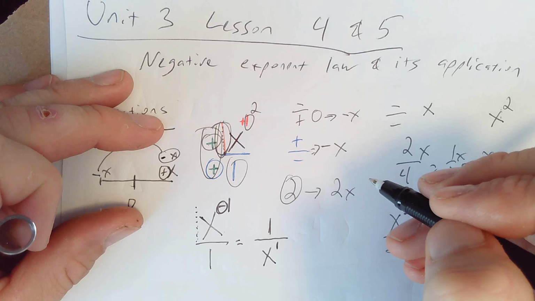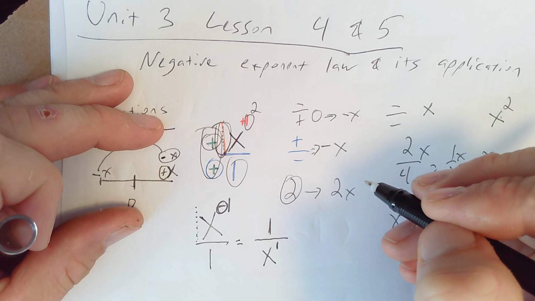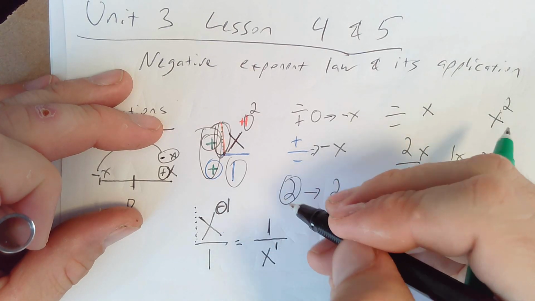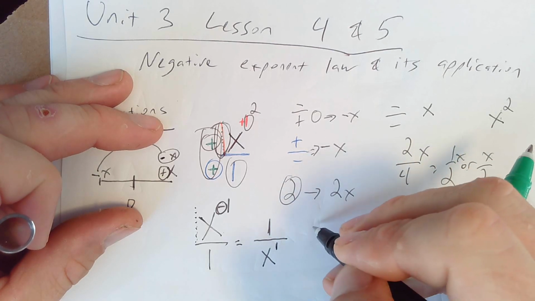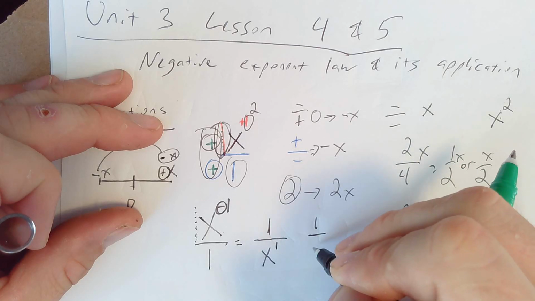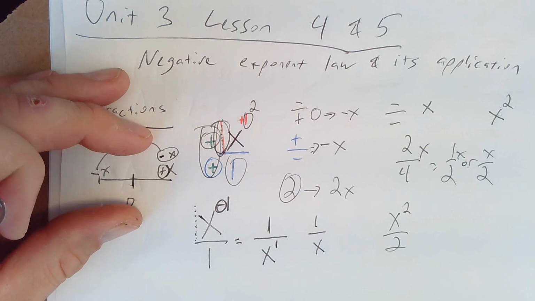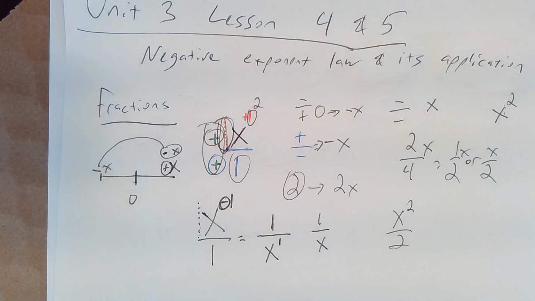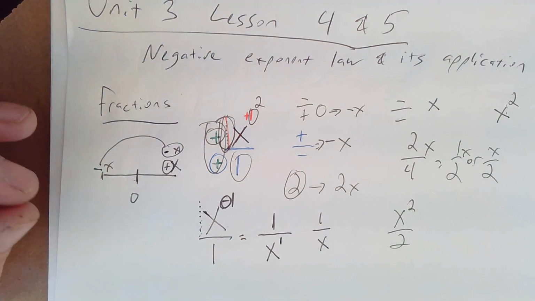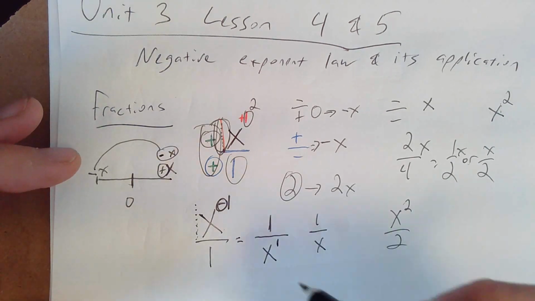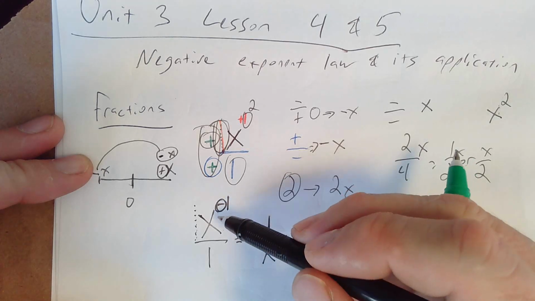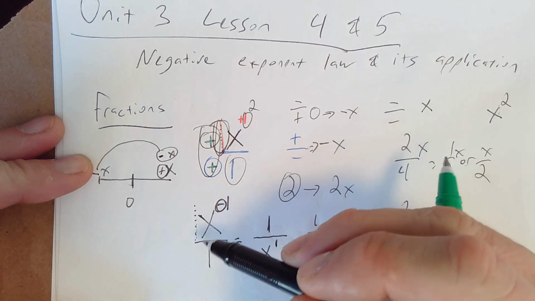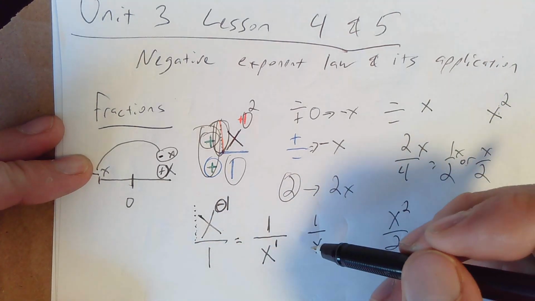There's a positive 1x right over here, so the x is now forced to the bottom to become positive, right? And now the 1 again is invisible, so now I just have 1x, right? So what this is saying is, if I have a negative exponent, in order to turn it positive, I gotta send it to the opposite side of the fraction bar.